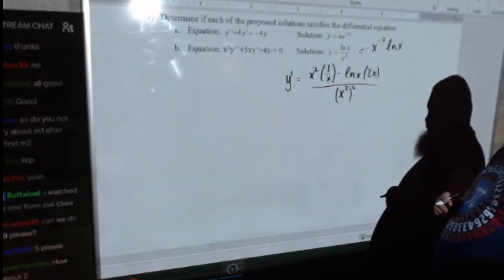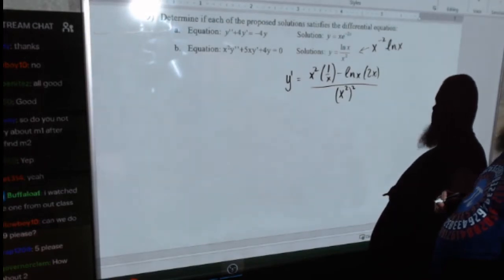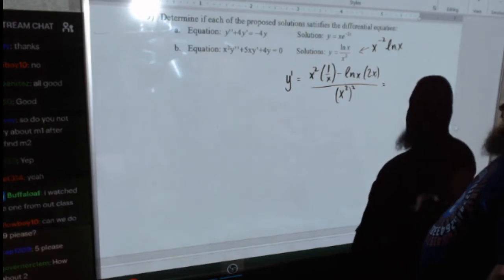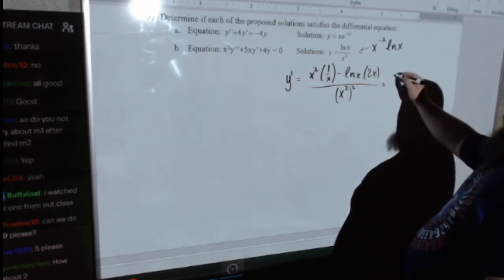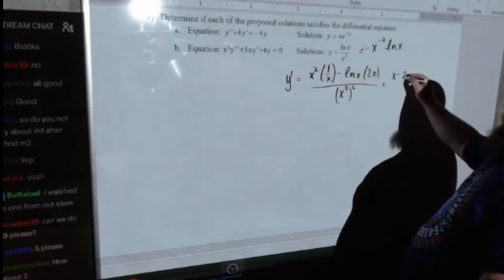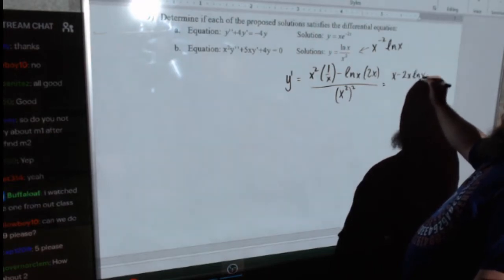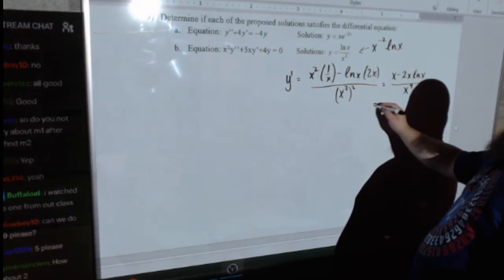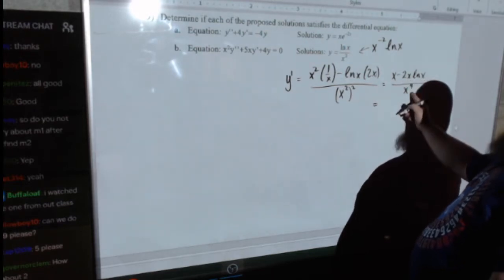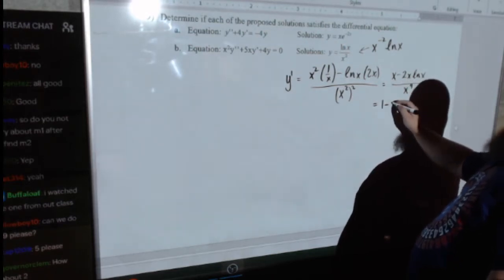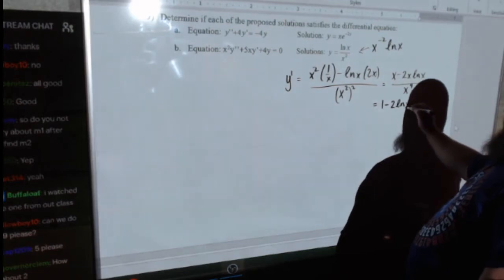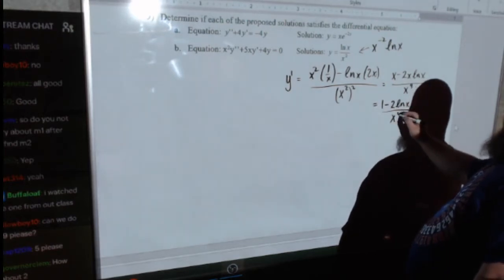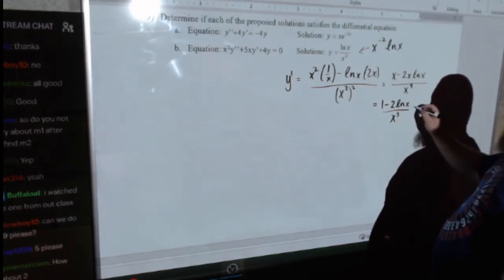Looks like that. That would simplify to, and then you can factor out an x and cancel it with 1 down there, so you'd have 1 minus 2 natural log x all over x cubed for y prime.